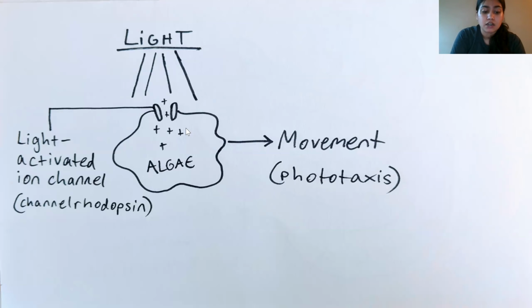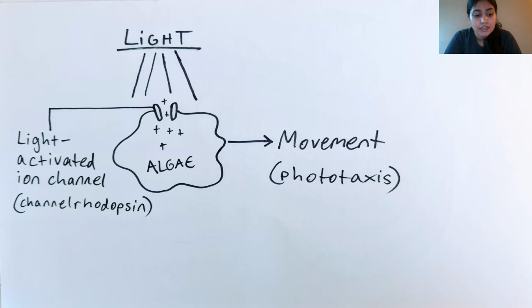These proteins are called light-activated ion channels, and the specific one used in optogenetics most commonly is called channelrhodopsin, which responds to blue light. When channelrhodopsin absorbs a photon, it will change shape and allow ions to pass through, including sodium, calcium and magnesium ions, which again really want to get into the cell, the neuron.